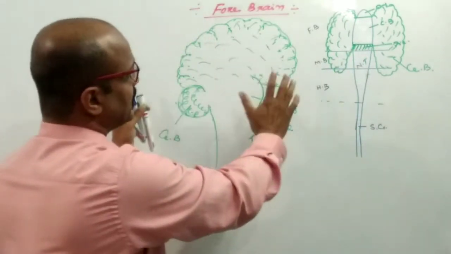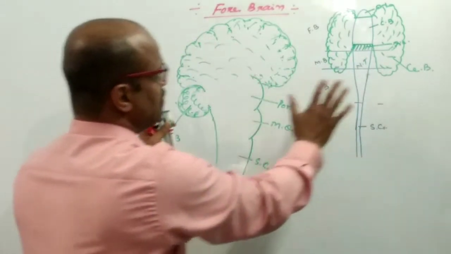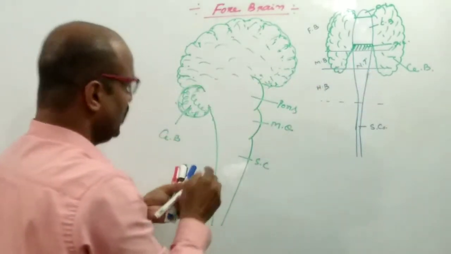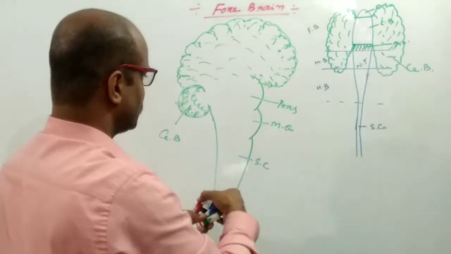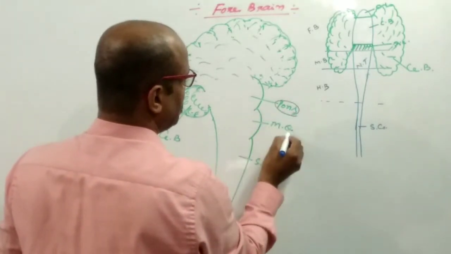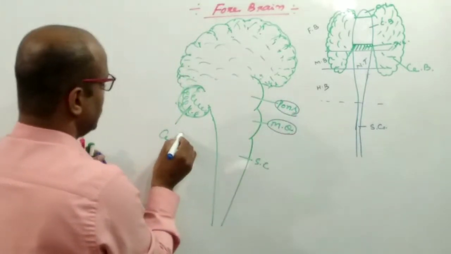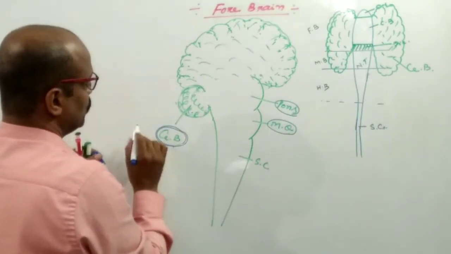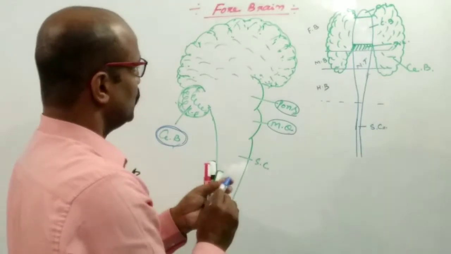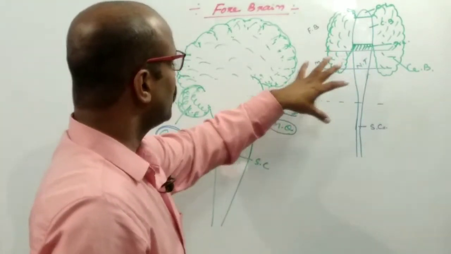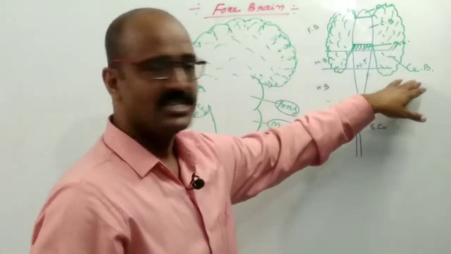The diencephalon is completely covered by the cerebrum. The midbrain is also completely covered by the cerebrum. Only some portion of the hindbrain, like the pons varoli, medulla oblongata, and some part of the cerebellum, is visible.